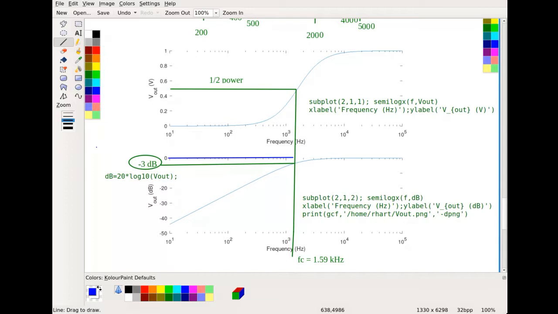That minus 3 dB means that you have half the power you had before. All right, so this right here is the feed through, 0 dBs.